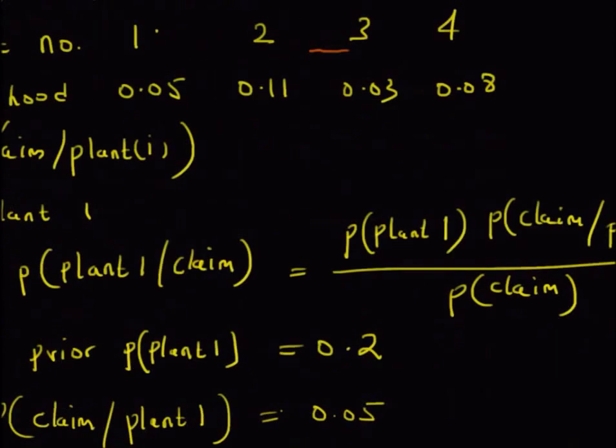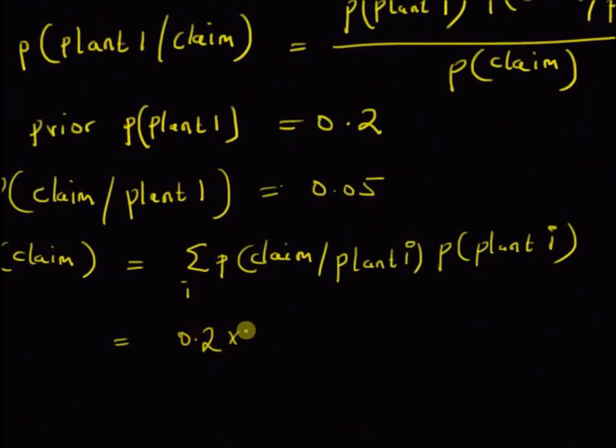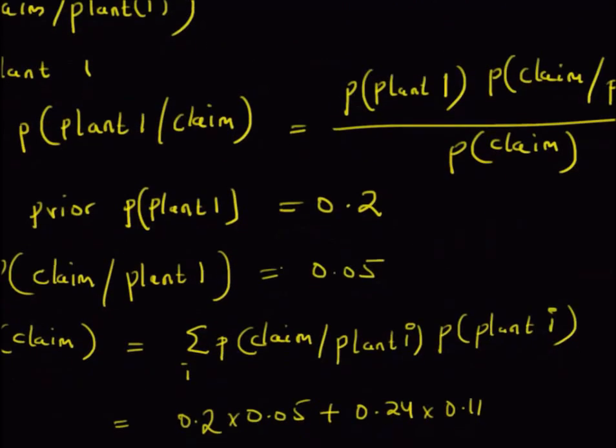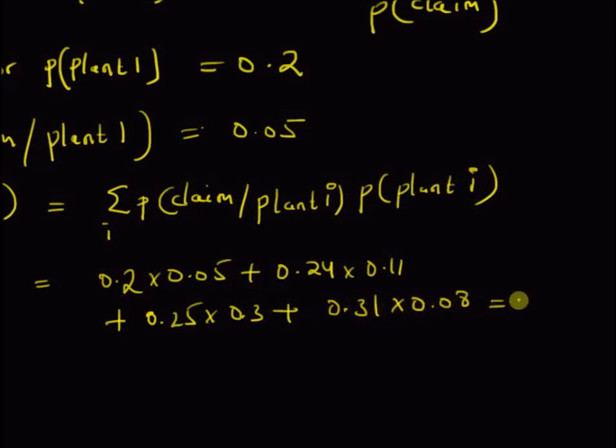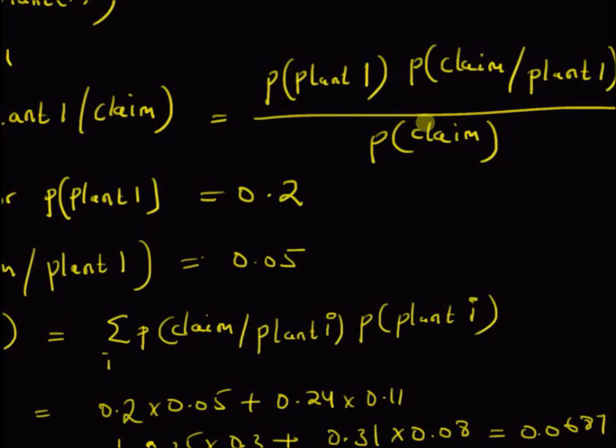So it should be equal to 0.2 times 0.05 plus 0.24, that is the probability of plant 2, multiplied by the probability of claim given plant 2, which is 0.11 from this table, and by simply using all other values, this should be equal to 0.25 times 0.03 plus 0.31 times 0.08, and the sum should be equal to 0.0687.